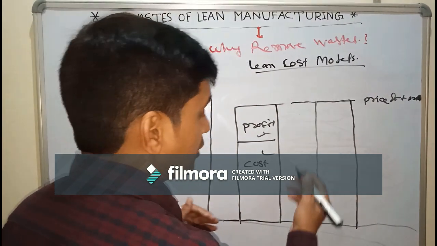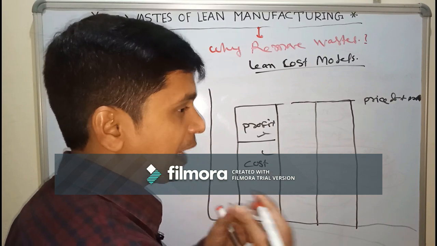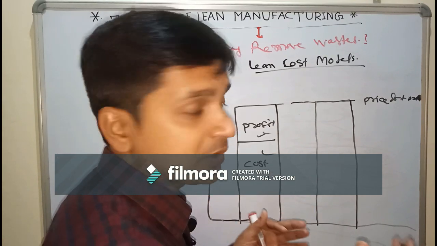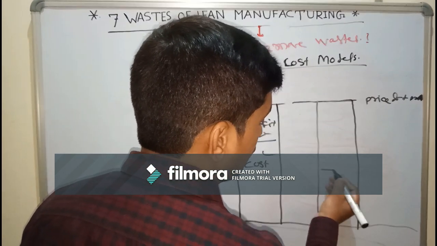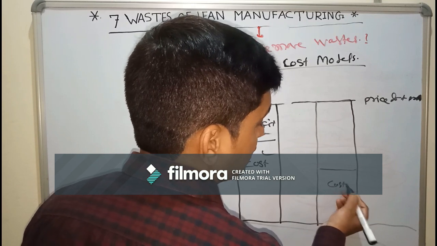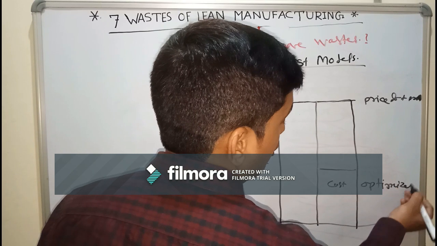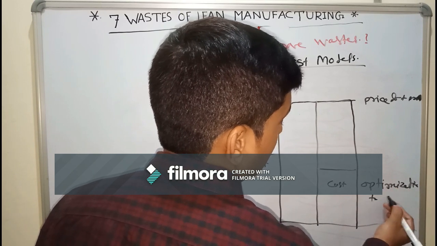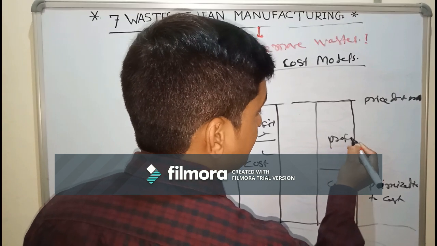Nowadays the customer always demands that you fix the price, and you will not increase the price of the product. In this situation, you have to optimize the cost and increase the profit.